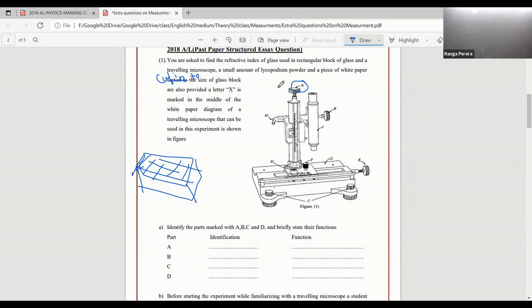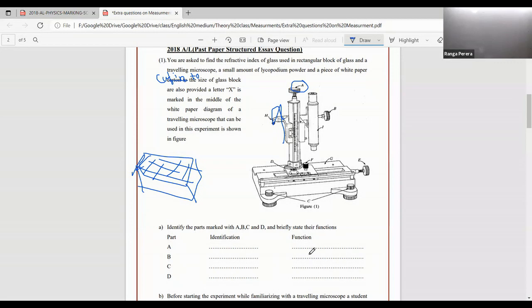What is the function of that? It helps us to fine adjust the system in a vertical direction, or moving the vertical vernier scale in a vertical direction.